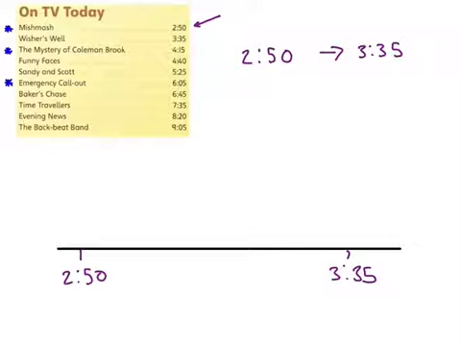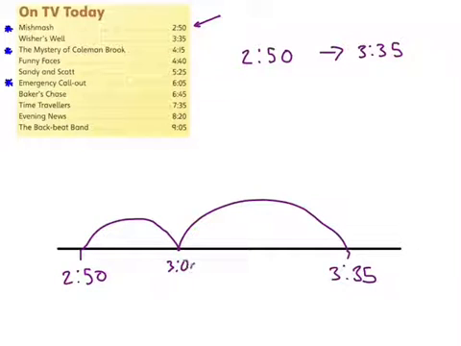We've got to jump from 2:50 to 3 and from 3 to 3:35. Well, to get from 2:50 to 3 is 5, 10, or 50, 55, 60, it's 10 minutes. And to get from 3 to 3:35, well, it's 35. I could count 0 up to 35, but you know, I can see it's 35.